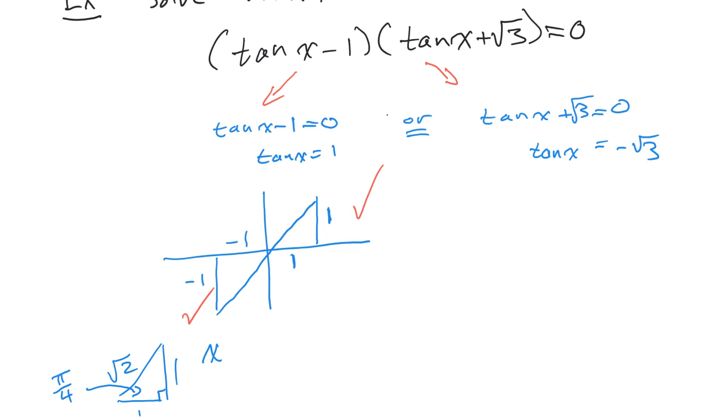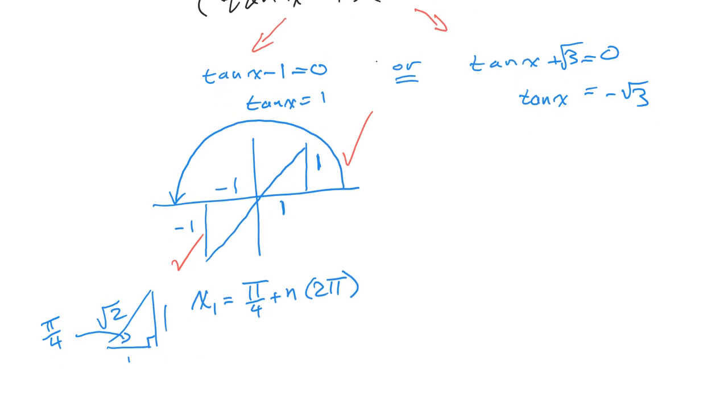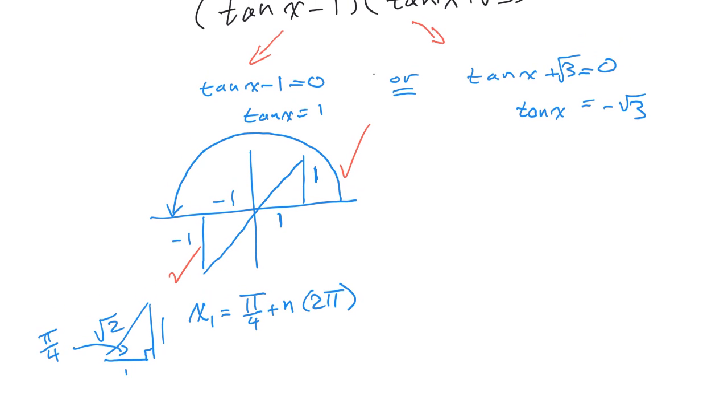So that means our first solution is, if I start from here and sweep around, x1 is equal to pi/4 plus n times 2 pi. We can also make another solution, and you can say x2 is equal to not pi/4 but 5 pi/4.